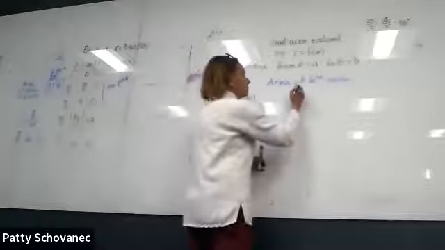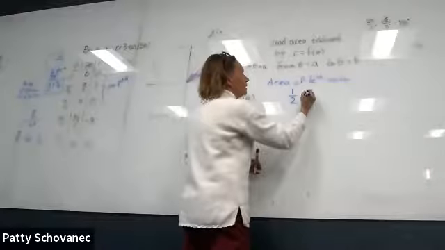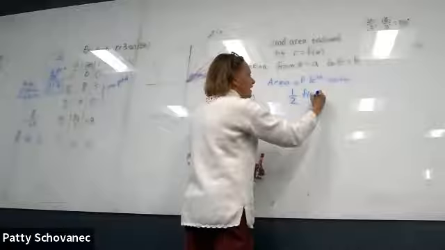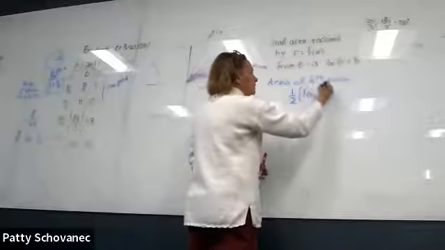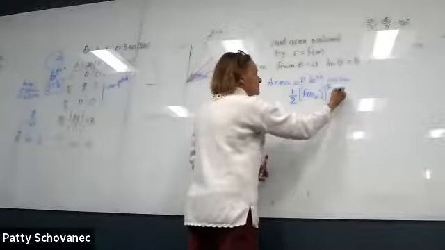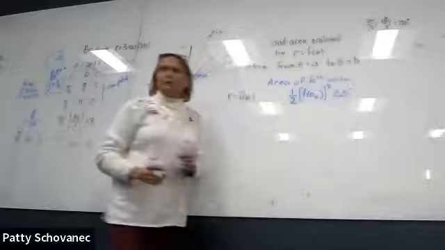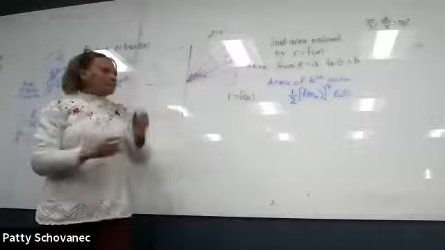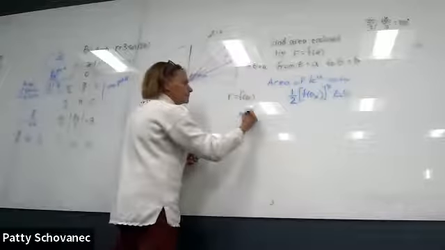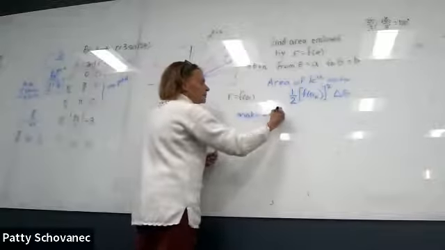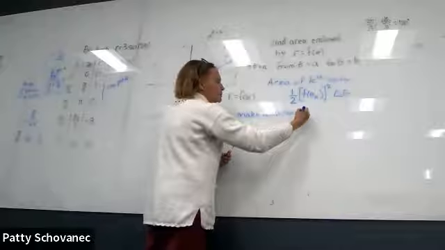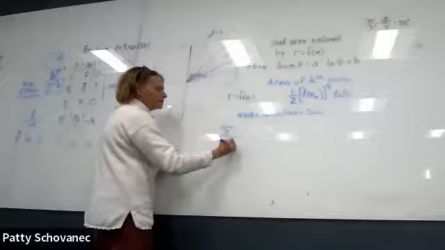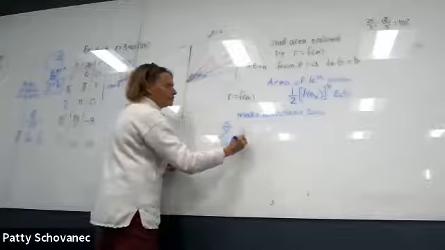The area of the kth sector will be given by 1/2 r sub k squared, where r is just some function of theta, times delta theta. I'm going to do this from k equals 1 to n, so I make a Riemann sum, with k running from 1 to n of my areas.